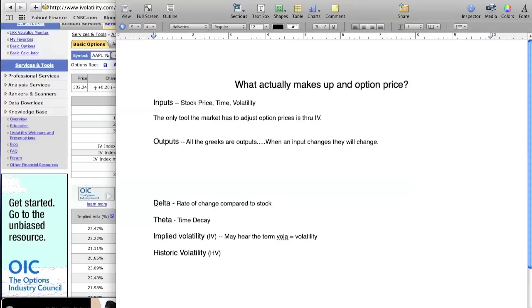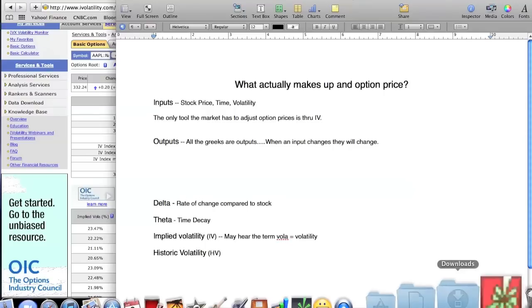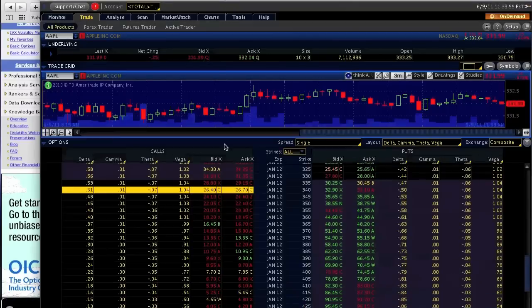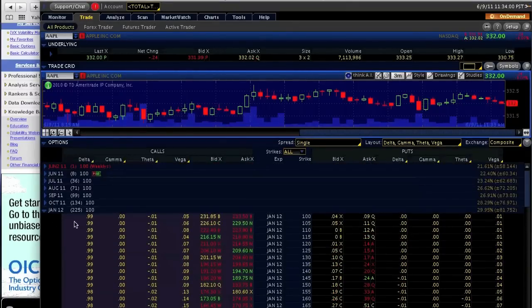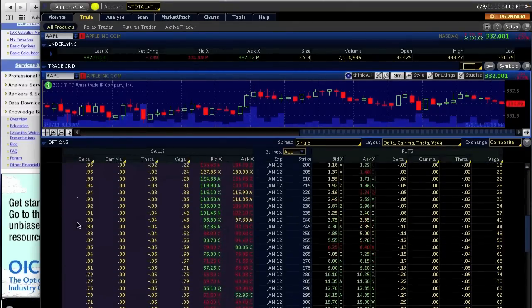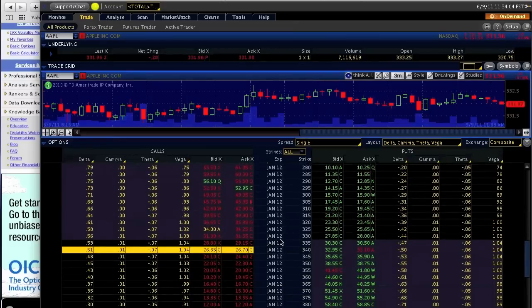So delta is the rate of change compared to the stock price. For example, we have here this January 12 on the screen. The 340 calls have a delta of 51, or sometimes on different platforms you'll see 51%.